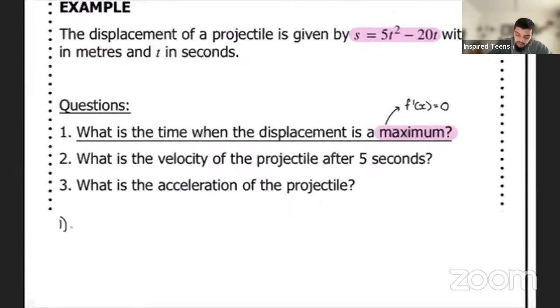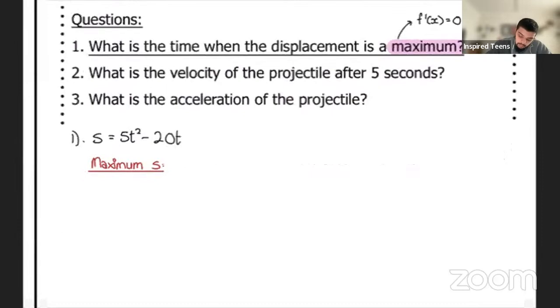So question number 1, we have displacement represented by 5t squared minus 20t, and we're trying to find maximum displacement, maximum s. We first have to find the derivative of displacement, which is going to be 10t minus 20, and we equate it to 0.